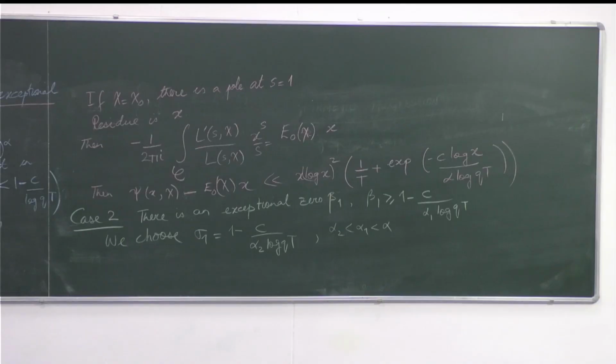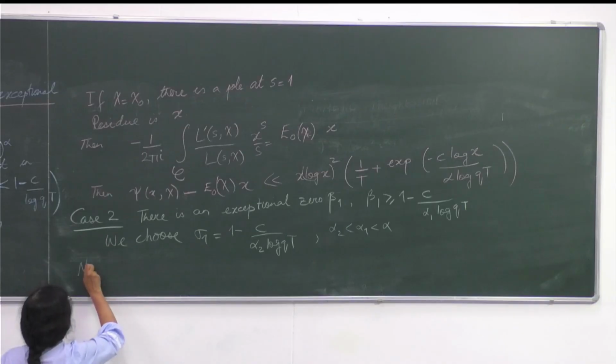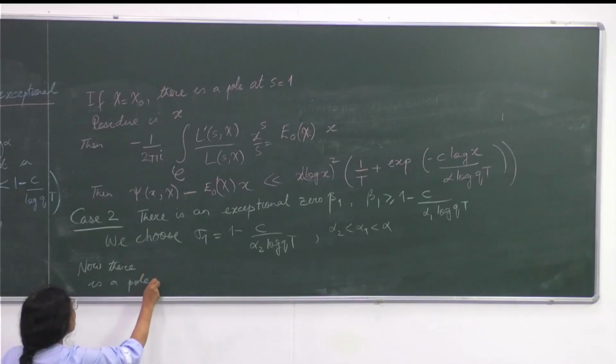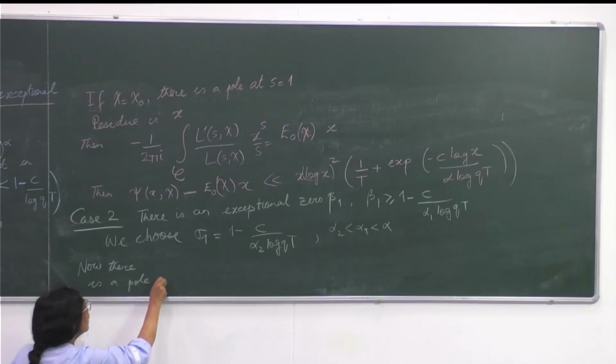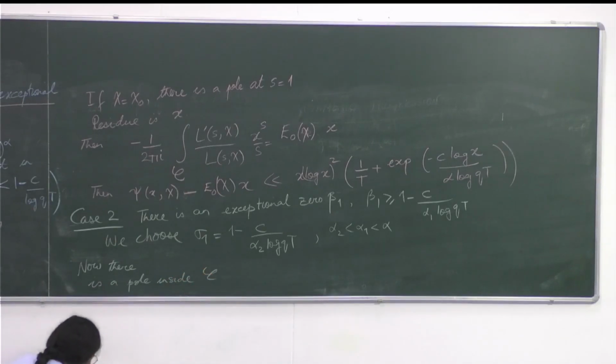My exceptional 0 is at beta 1. There is a pole inside C, inside my contour, at beta 1.